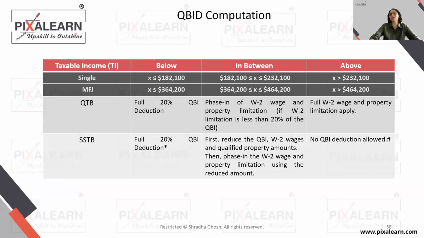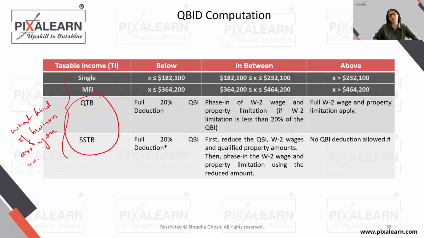Now, on what criteria does this deduction depend? It depends on what is the kind of business that you're running. So two criteria on which the QBI deduction depends. What kind of business are you running? Okay, so this is the first kind.